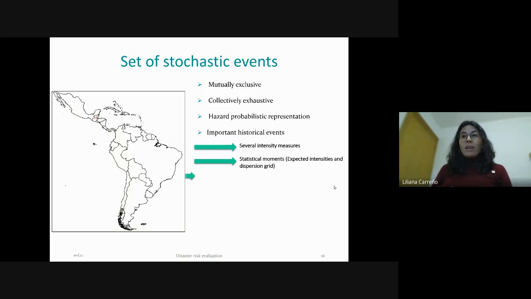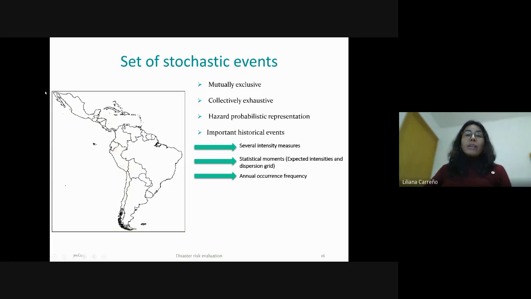We have to include several intensity measures, statistical moments. We need to have at least the expected intensities and the dispersion, and the annual occurrence frequency of these events.